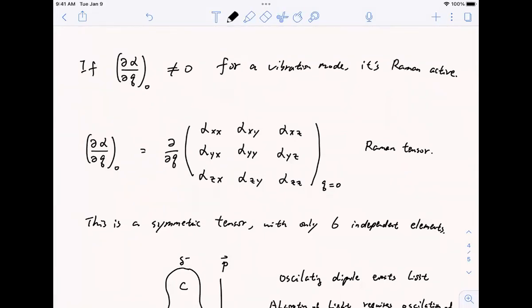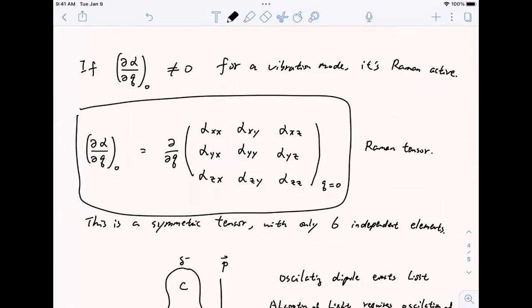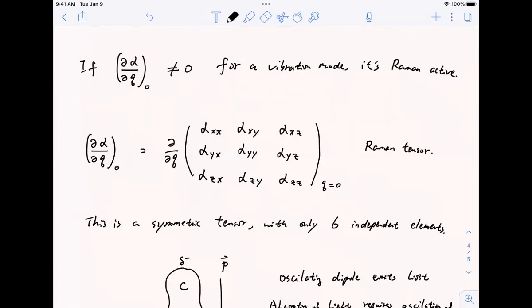Raman active or not. So let's start with something simple. By the way, this Raman tensor, you can use an ellipsoid to represent it. For all kinds of this tensor, you can use an ellipsoid to represent it.